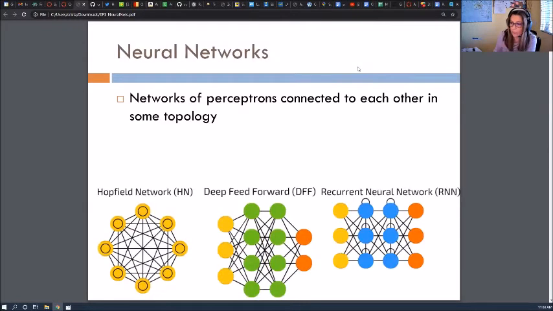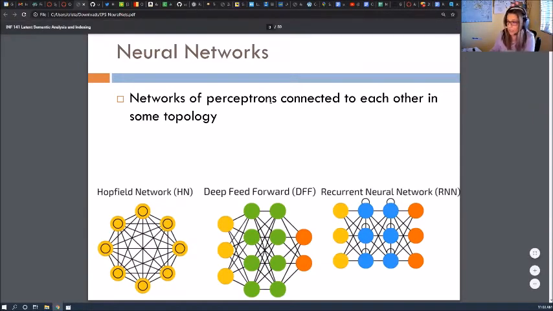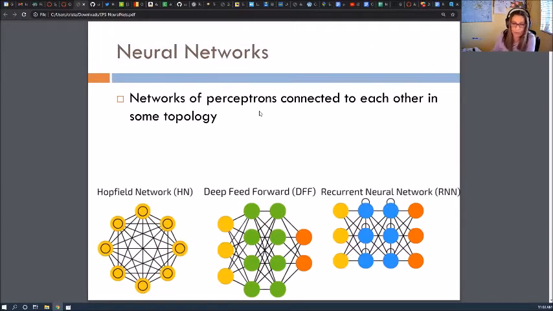So what are neural networks? They are just networks made of these artificial neurons, and they can be connected to each other in a number of topologies. There are many topologies, as you can imagine. They can be fully connected, like the Hopfield network. They can be what's called deep feed forward, where you have the inputs on the left and the outputs on the right, and it's basically a flow from left to right.